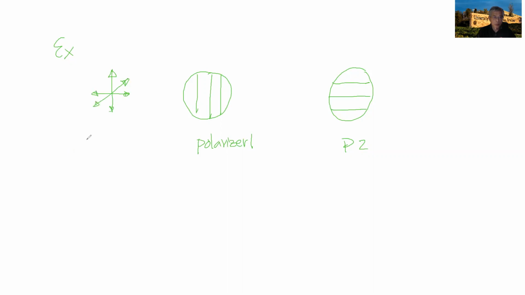When it goes through the first polarizer, it will only have this E field going this way. Now this one here is 90 degrees to the second polarization direction, so nothing will come out. Basically, you are dark. You have nothing.